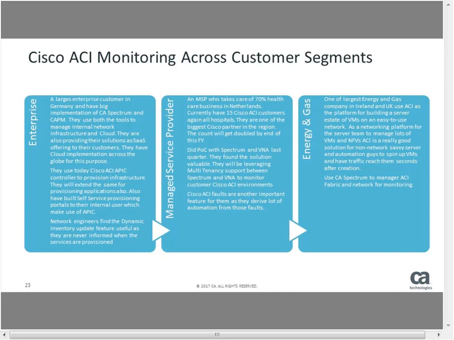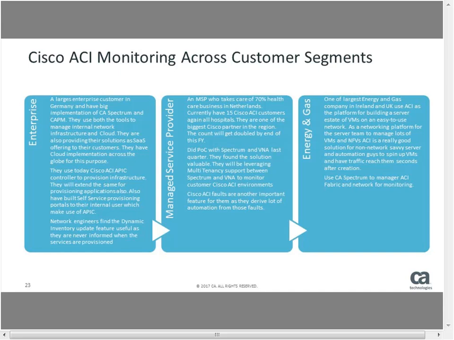The way they work is they go into the customer network, they configure Cisco ACI, they configure the networks and the infrastructure, then they come out, sit in their NOC rooms, and then monitor those networks and the infrastructure.